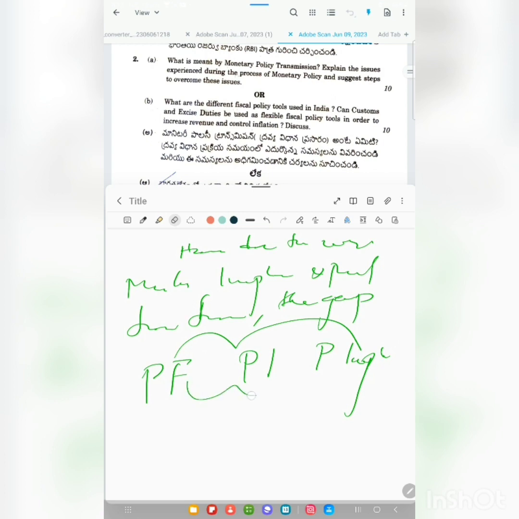Due to this lag between the policy implementation and policy impact, this is known as monetary policy transmission gap.